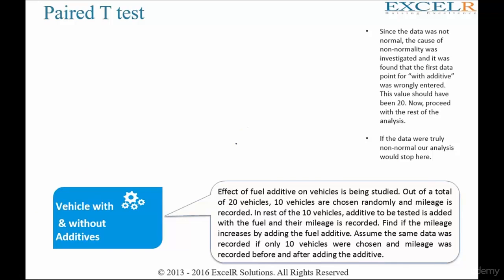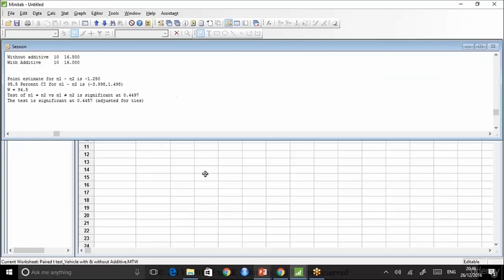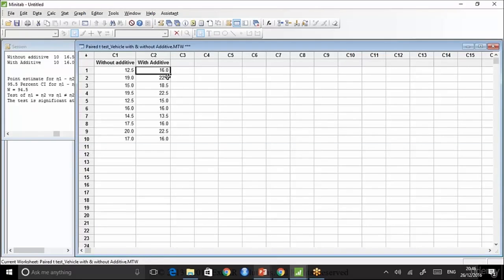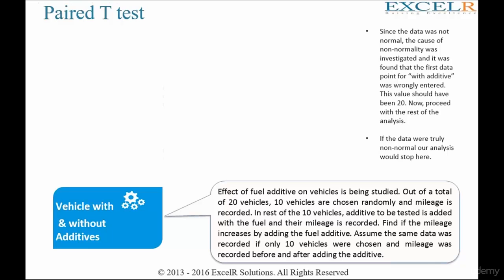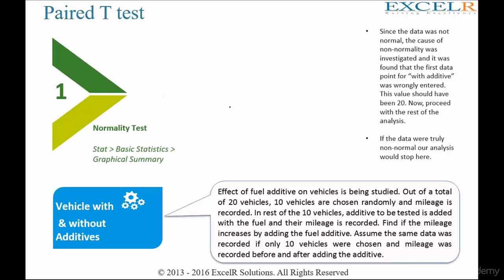Okay. Say we have done this check. We will go back and we'll go here. And with additive, instead of 16, I'm going to change it to 20. After changing it to 20, we need to perform the normality test. So we'll go back here and we'll perform the normality test.